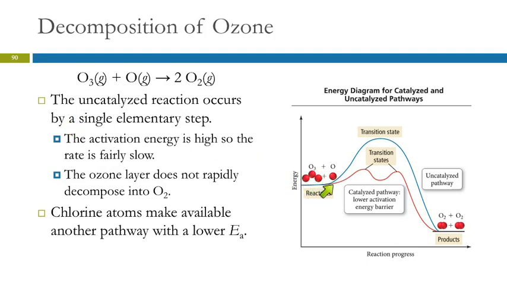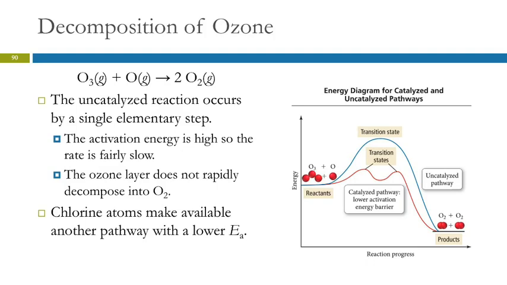We've got O3 plus O. It goes through a transition state, and then you end up with two O2 molecules. The activation energy is relatively high, so the rate is going to be slow. So ozone just by itself does not decompose rapidly. It'll just hang out there.